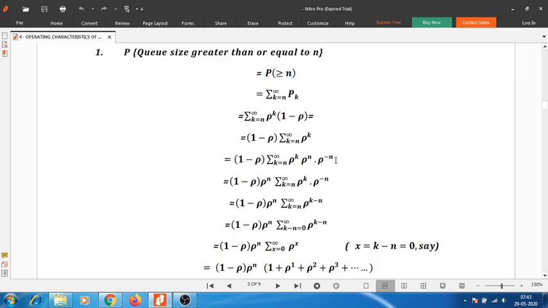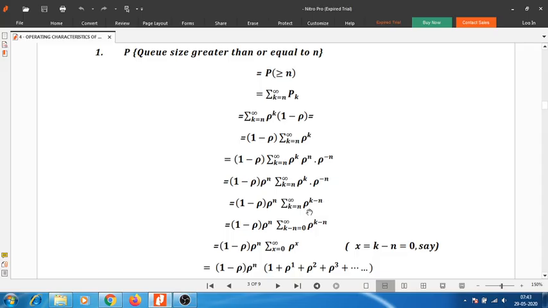Are you okay? Now this rho power n is independent of the summation, because the summation runs on k but not n. So this rho power n is taken outside. Now summation k equal to n to infinity rho power k into rho power minus n. The base is common for both terms, so we can write rho power k minus n.